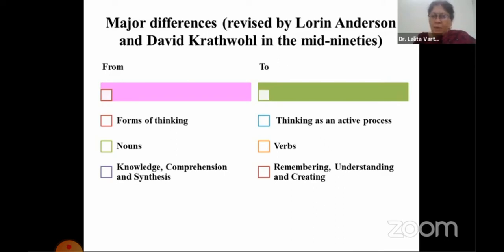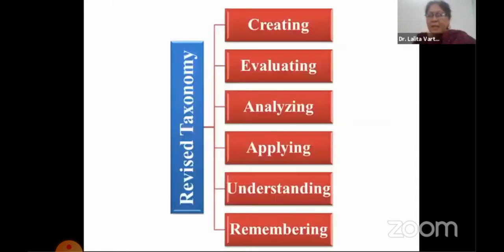And instead of the words knowledge, comprehension, and synthesis, now remembering, understanding, and creating were the words used in the new taxonomy. Thus, the revised taxonomy goes like this: remembering, understanding, applying, analyzing, evaluating, and creating.